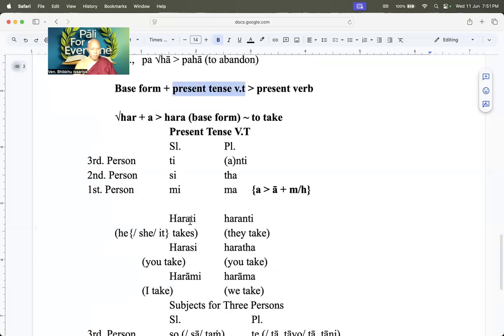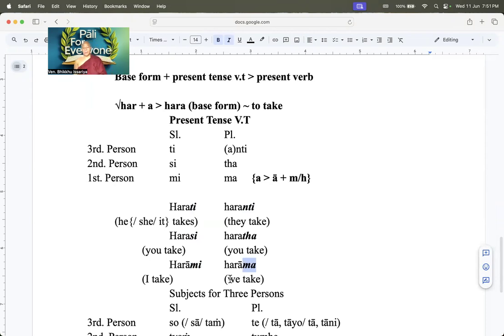So here only ti, here anti, here si, here tha, here mi, and then here ma. Just here the a changes to the a. The rest are the same, hara, hara, hara, hara. Okay. So in this way it can be understood.